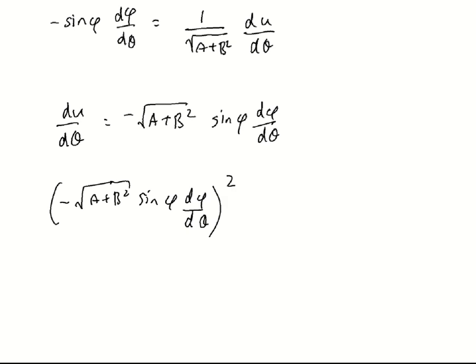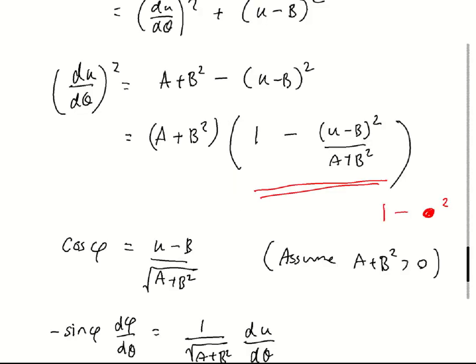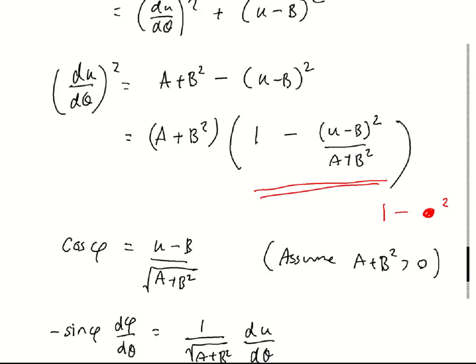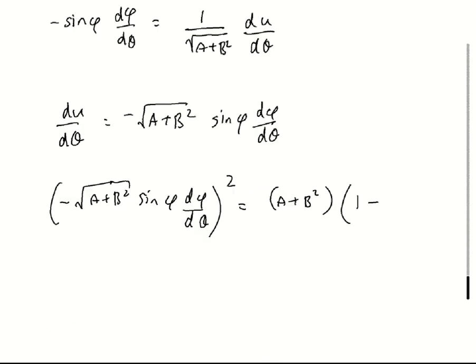That's du by d theta squared equals a plus b squared times 1 minus, well, isn't that what we wanted? This thing here is what we wanted to call cos phi. So we've got cos squared phi here.